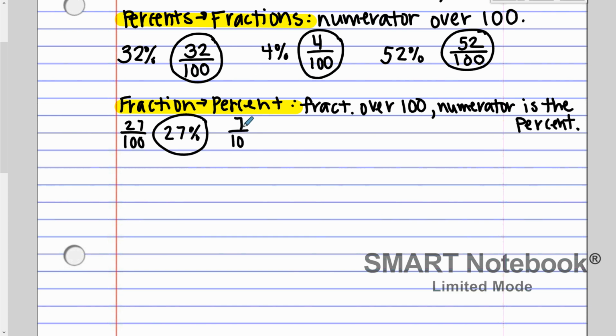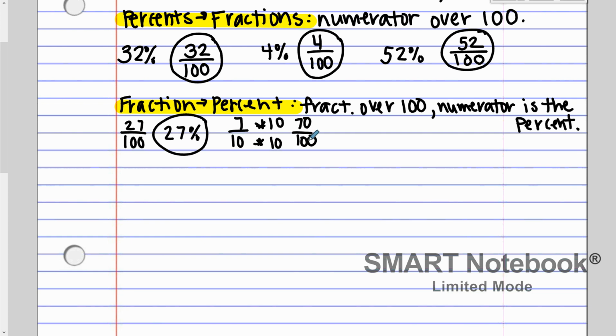Now this one's not a fraction out of 100, but we can make 10 into 100 really simply. Think to yourself, what do we multiply 10 by to make it into 100? Whatever we do on the bottom, we must do on the top. 10 times 10 is 100. That's what you should have said. So we'd multiply by 10 on the top. This fraction now becomes 70 over 100.